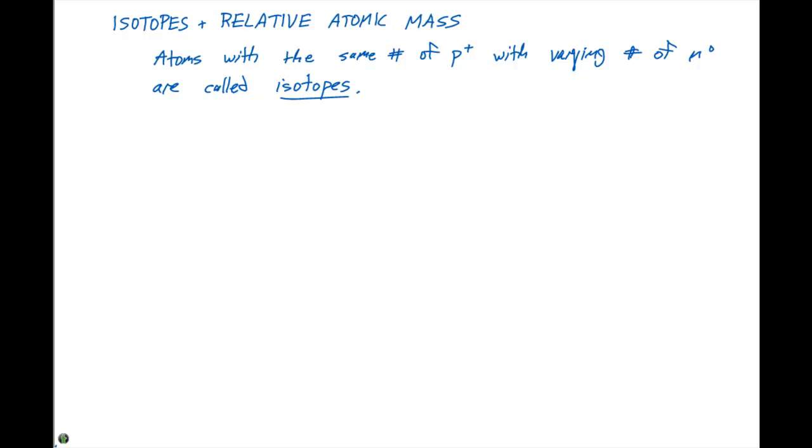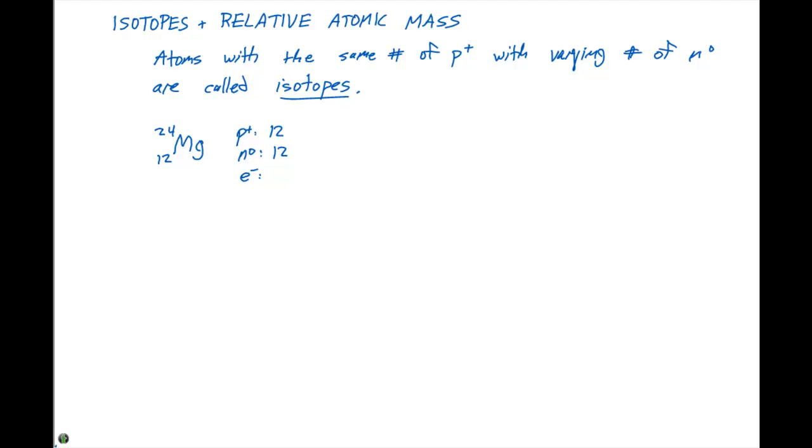If we look at some examples of these isotopes, for example, if we take magnesium, there are three different isotopes which exist for magnesium. There's magnesium 24, which has 12 protons. It has 24 minus 12, or 12 neutrons.